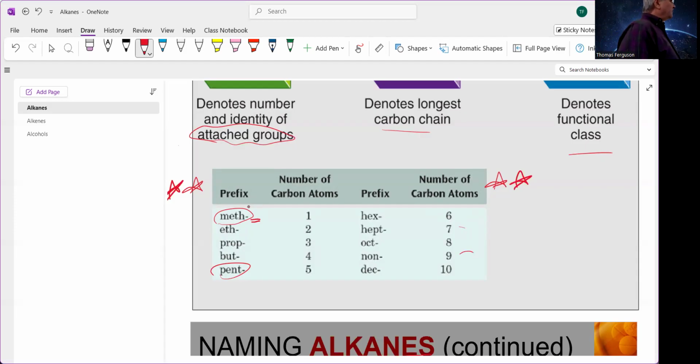It'll determine, for example, if we can have monoxide. That means 1 oxygen. Pentoxide, 5 oxygens. And you need to know all the way up to 10.